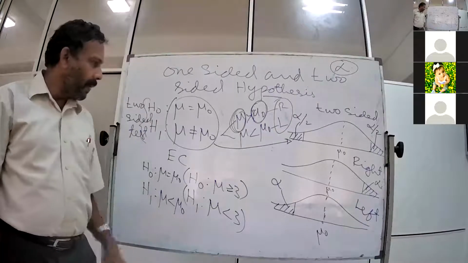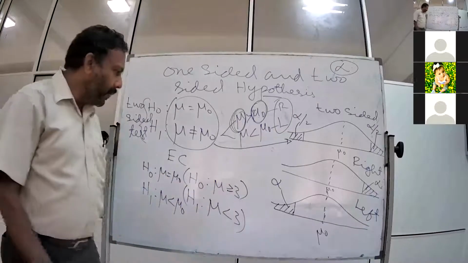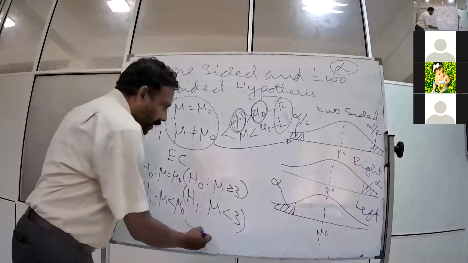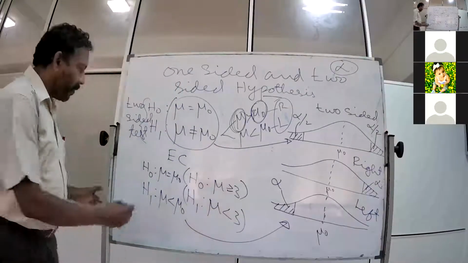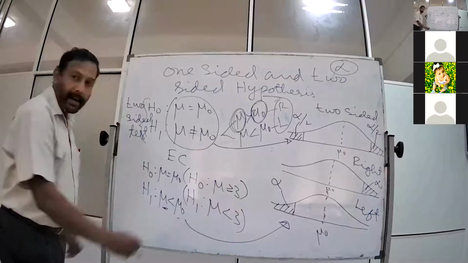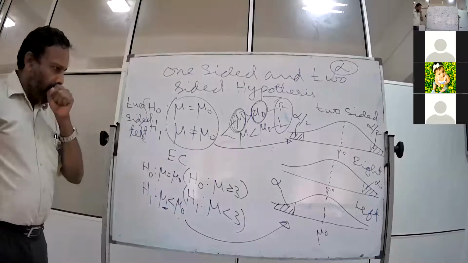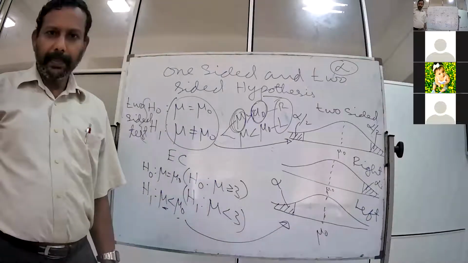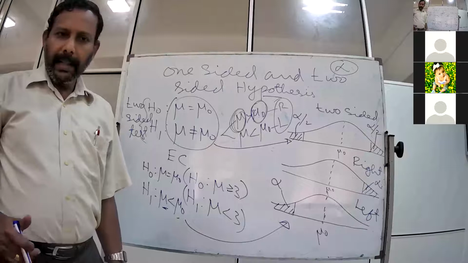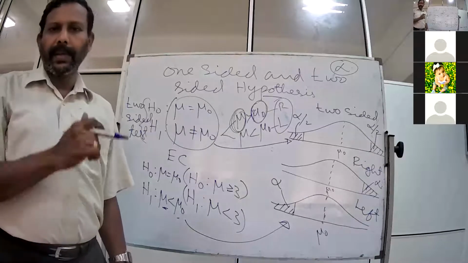You will choose this side, because we say our mu is less than mu naught. So this is a left side situation.